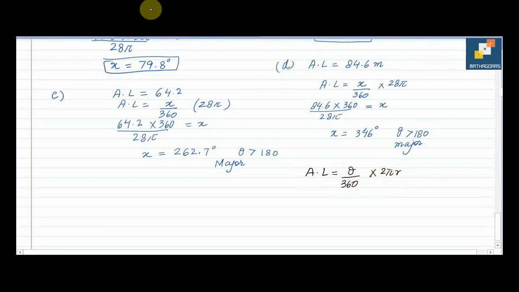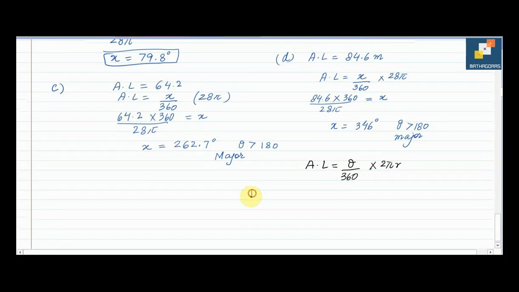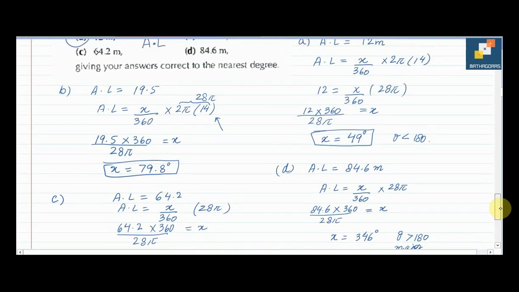We discussed three things with the same working formula: at first we studied how to find arc length, after that we did some questions on how to find radius, and at last how to find angle with the same working formula, right? So I think that is enough for today's class.